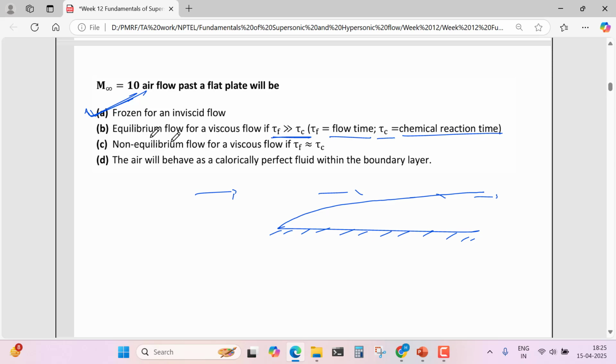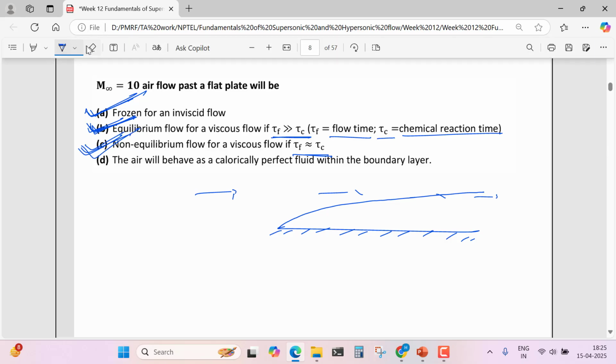So it also satisfies the condition. This statement is also correct. Option C, if both are of the same order, flow time and chemical reaction time of the same order, then the flow will be non-equilibrium. So this option C is also correct.